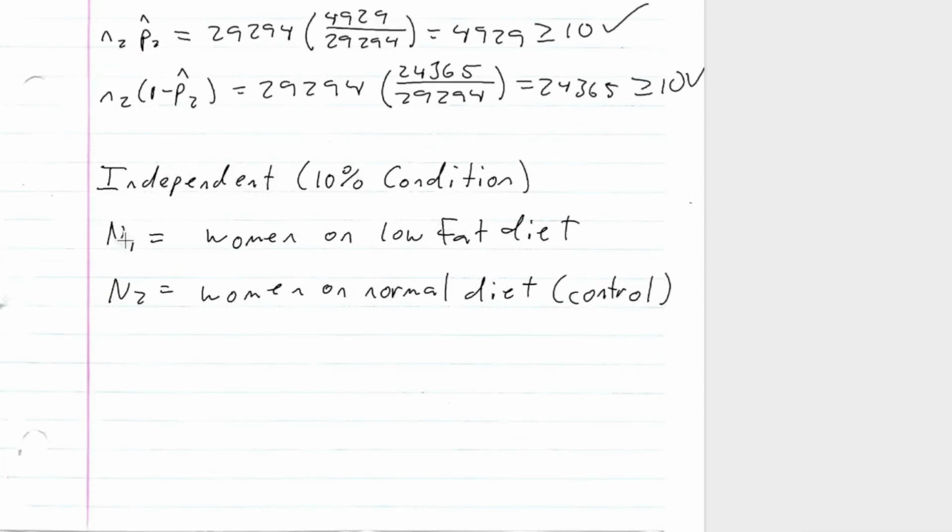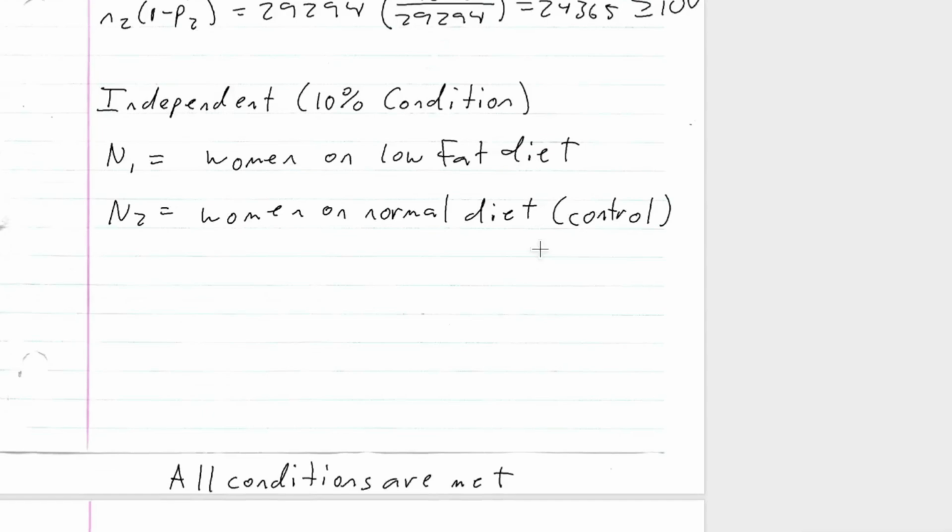Now our independent condition. Capital N1 is going to be all women on a low-fat diet, and capital N2 is going to be all women on a normal diet. So you can pretty much see that this is going to be fulfilled, right? Because remember, little n1 has to be less than or equal to a tenth of capital N1, and n2 has to be less than or equal to a tenth of capital N2.